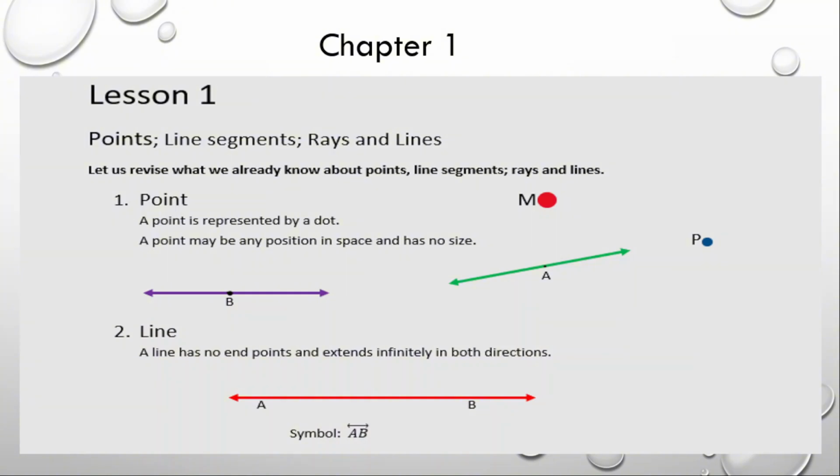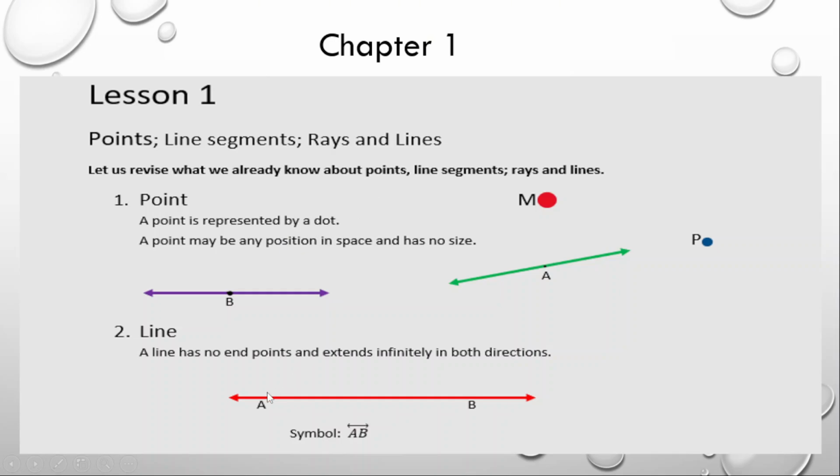Now let us revise what we already know about the points, the line segments, the rays and the lines. And we start with a point again. Now a point is represented by a dot, and you can see there red dot, blue dot, and we give names to our points by using capital letters. The name of this point is M, name of that point is P. Then we have a small point there, A, and another one there, because a point may be any position in space, and this is space here, and it has no size.